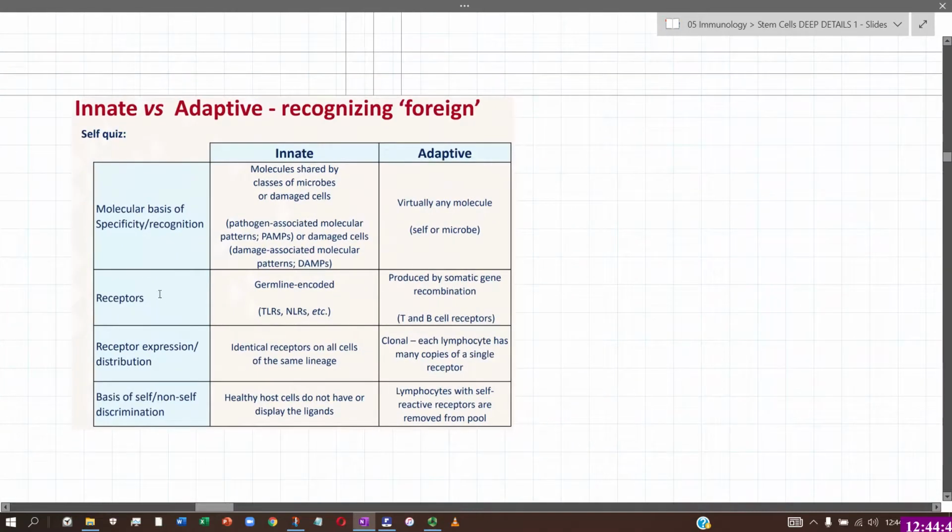All right, so now let's address a comparison of receptors. When it comes to innate immunity, the receptors are germline encoded. They are called TLRs, NLRs, etc.